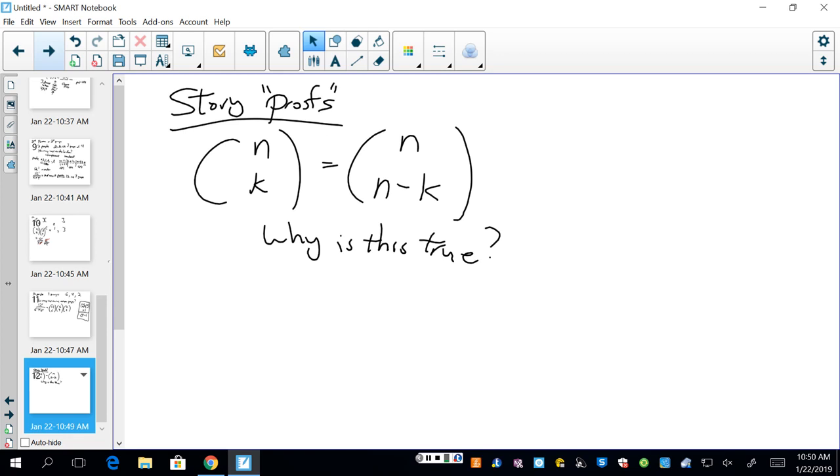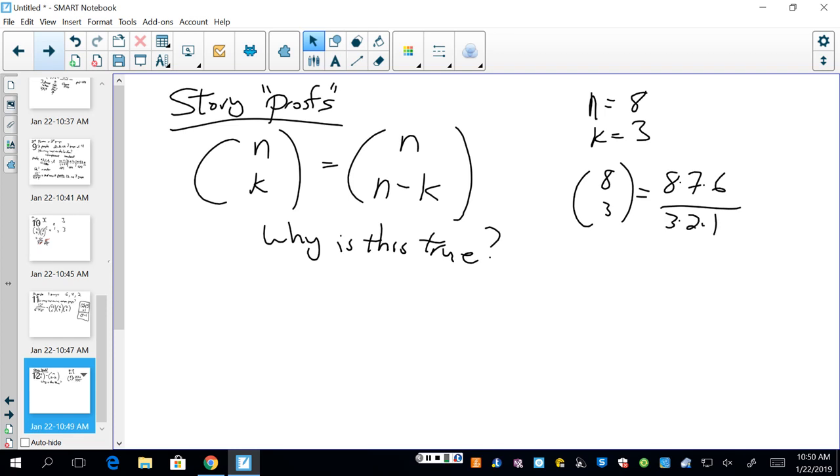All right, so if n is 8 and k is, say, 3, 8 choose 3 is 8 times 7 times 6 over 3 times 2 times 1 is one way of calculating that, and so that was 56.